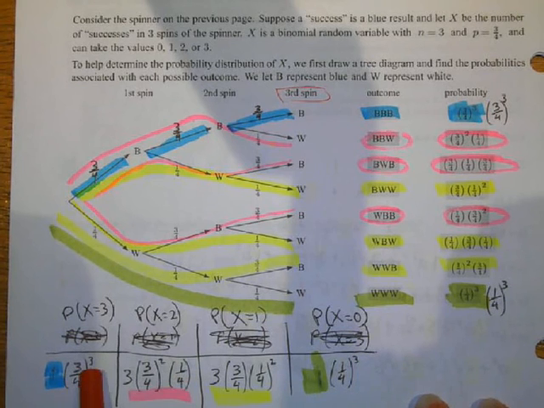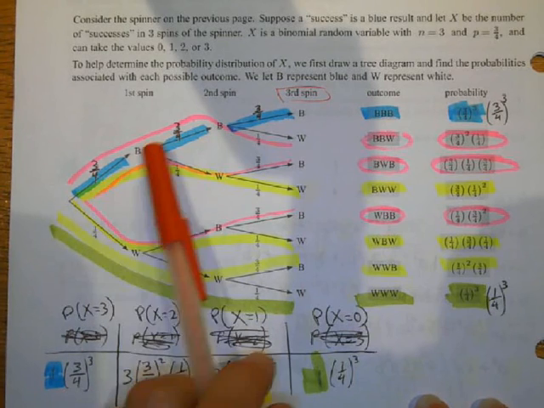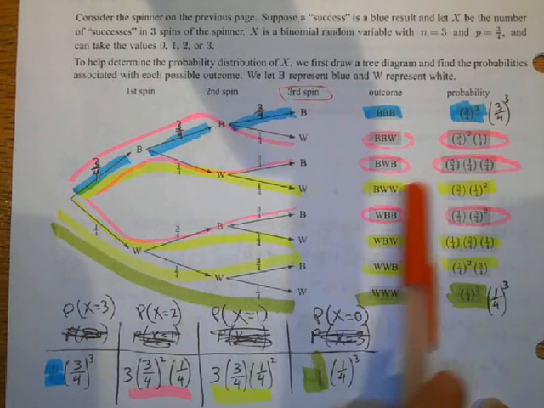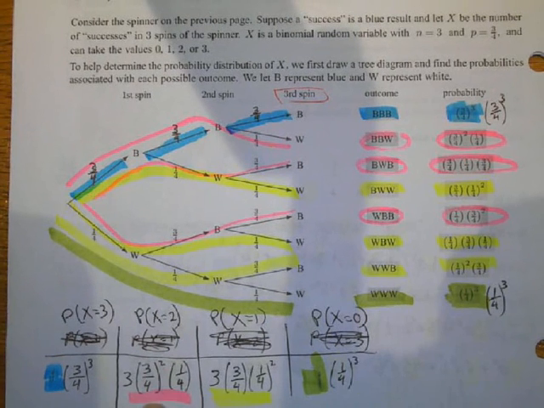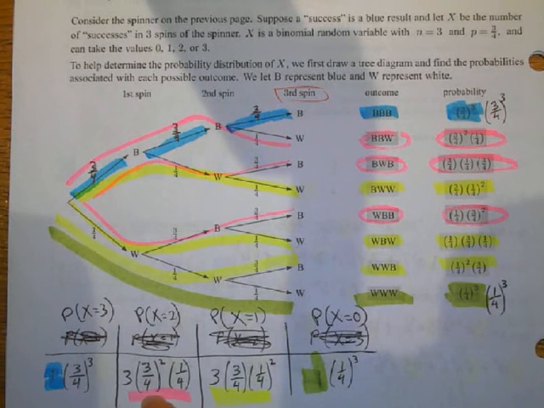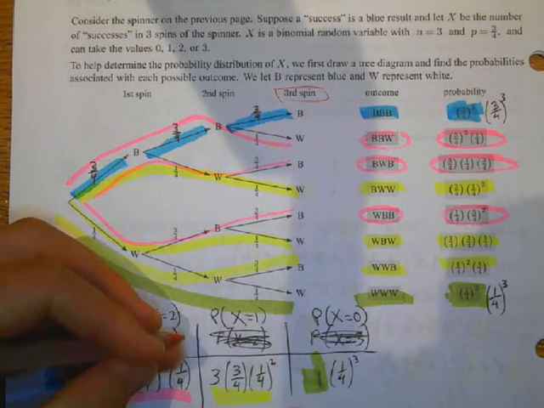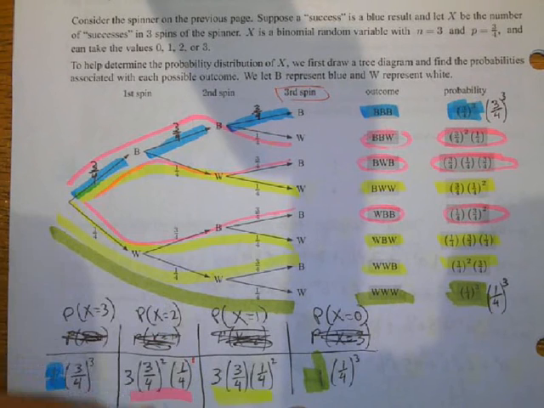Now if I'm going to get blue twice, I'm going to have 3/4 squared. And so if I've had success 2 times, then I'm going to have failure once. These exponents have to add up to 3, since we've got 3 trials going on.